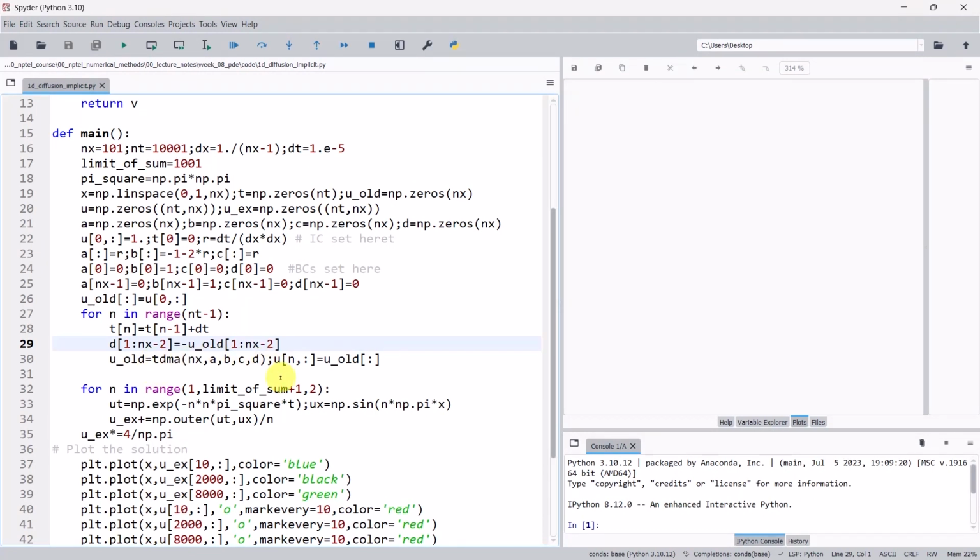In TDMA, I am giving A, B, C, D. A, B, C are three coefficients, A for T_{i-1}, B for T_i, C for T_{i+1}, and D is the right hand side column vector. So we are giving these as input. Nx is the size of the matrix, and then we are getting the output.